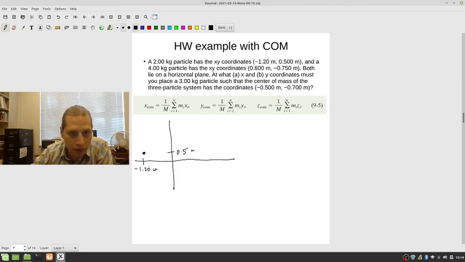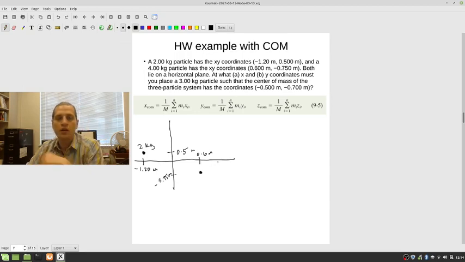So there's my object right there, and it has 2 kilograms. Okay, and we have a 4 kilogram object at 0.6 meters and minus 0.75 meters. Okay, so there's our second object, and that has 4 kilograms.